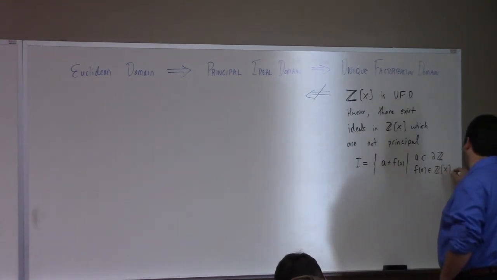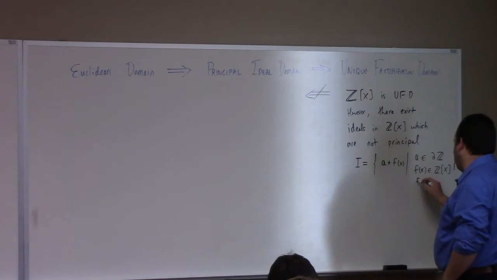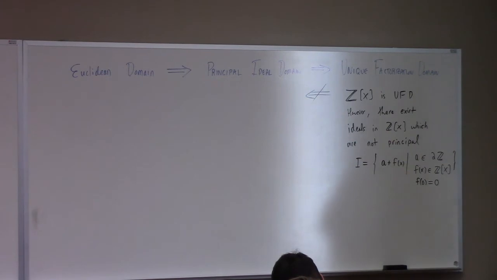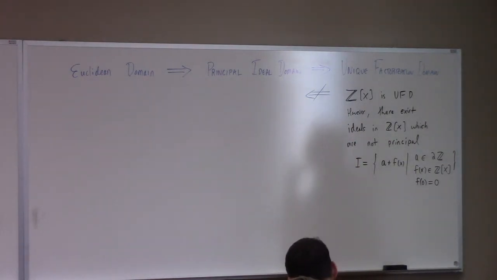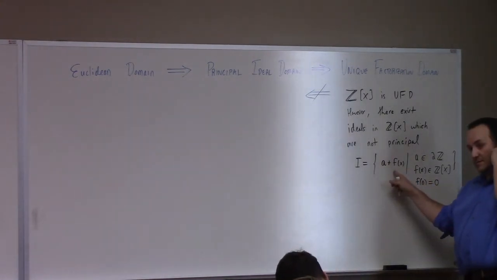I think that forms an ideal. What I'm trying to say is the constant coefficients are even. So you have even constants plus arbitrary polynomials. If you add 2 of those together, you get another such thing. If you multiply that by anything, whether the constant is even or odd, even times even gives you even. So you can prove that this is an ideal, but it's not principal.